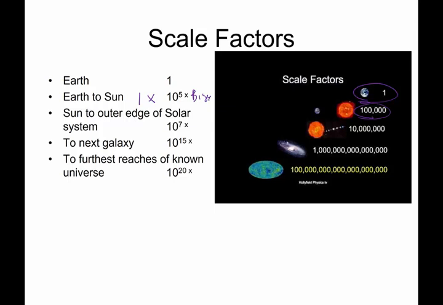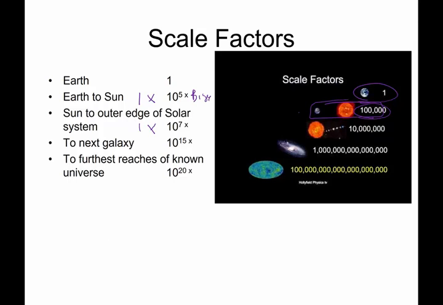The challenge is, even in this picture right here, that's not even close. You almost never see accurate scale pictures, because for this little sun, I cannot draw a dot small enough to accurately represent how small the Earth is compared to that little picture of the sun. The distance from the sun to the outer edge of the solar system is 1 times 10 to the 7th, so that is 10 million times further.